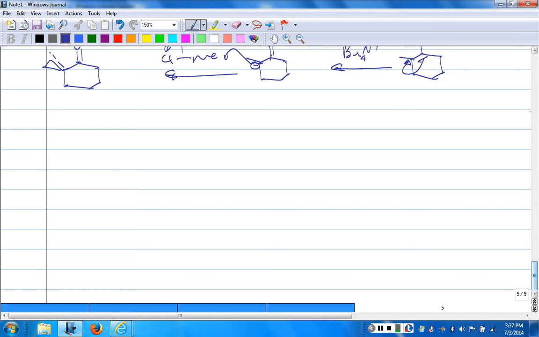That's the only way they differ. And then the following steps are exactly the same. So it's some base, whichever one is appropriate, followed by TMSCl, then chromatography or separation, followed by tetrabutyl ammonium fluoride, then whatever alkyl group that you desire. Okay, so that's alkylation of enolates.